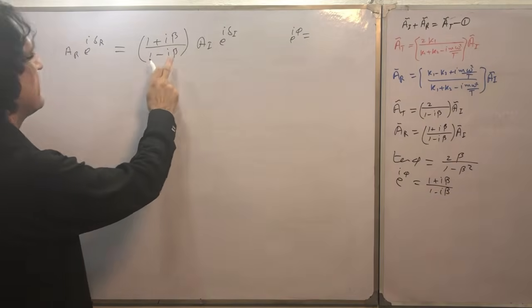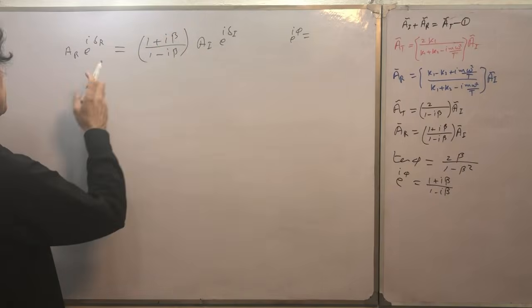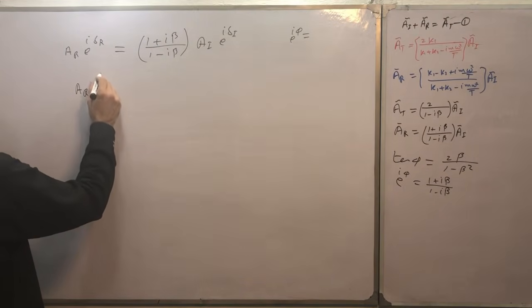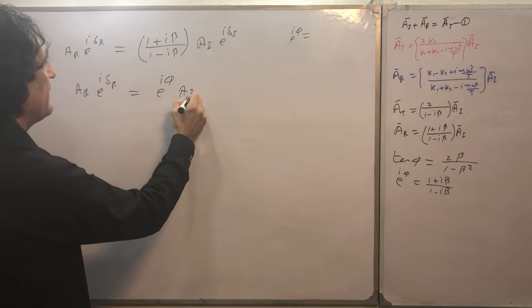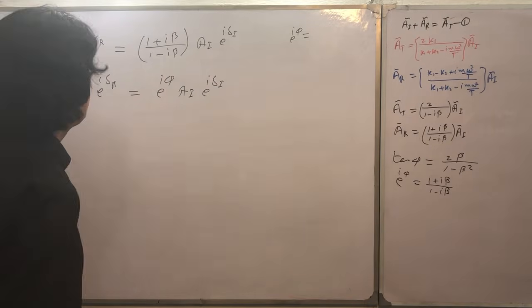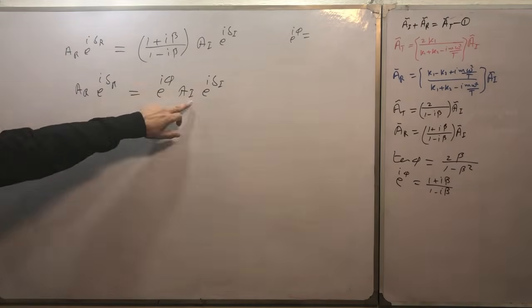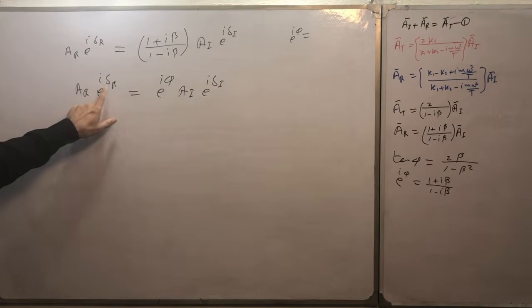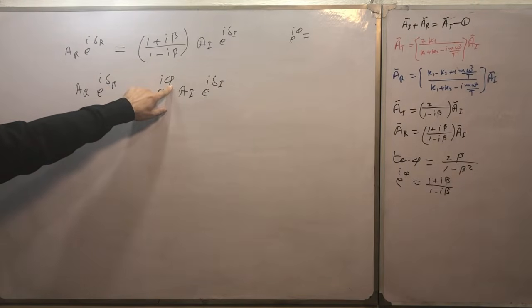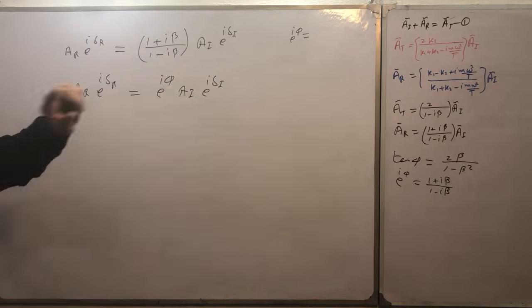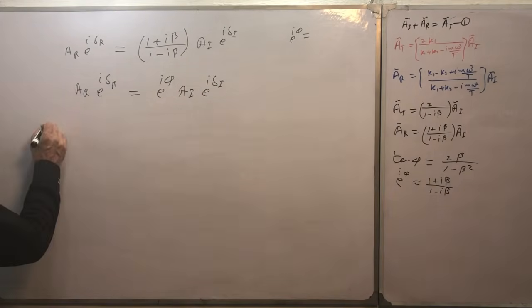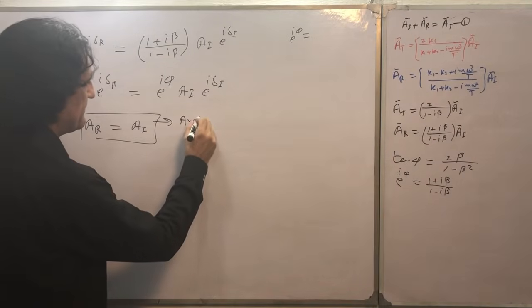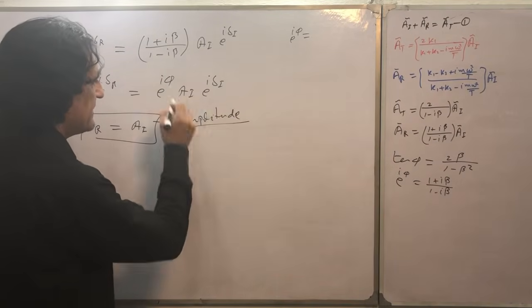So from here, if I put AR e to the power iota delta r equal to e to the power iota phi times AI e to the power iota delta I, the exponential term will cancel out, because this is delta r, and this phi is actually delta r minus delta I. This will cancel with this, and finally the exponential term cancels out, and this is the amplitude.